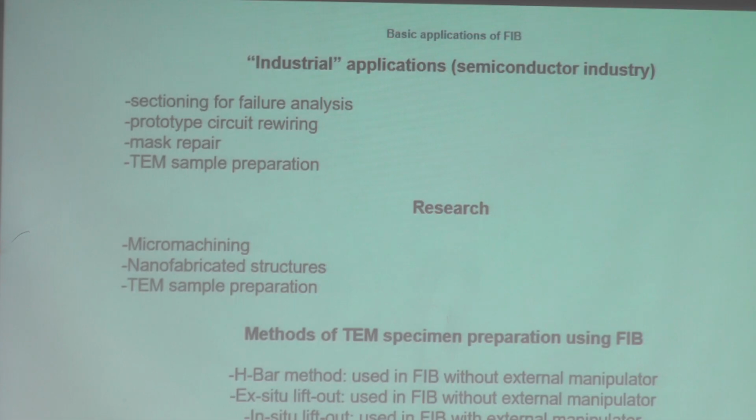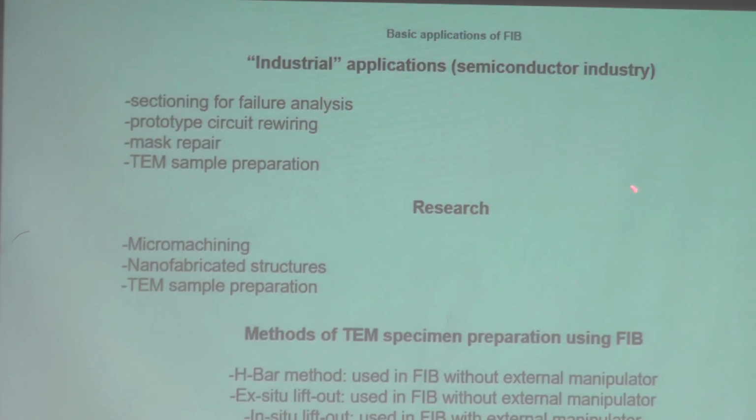As I said before, the application of FIB is used by the semiconductor industry very often for failure analysis, for prototype verification, and for mask repair. Another is also TEM specimen preparation for failure analysis.